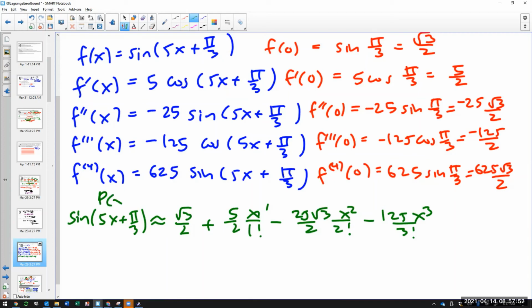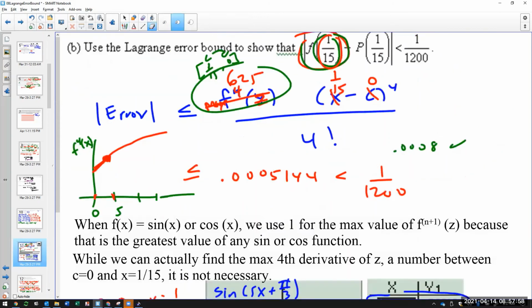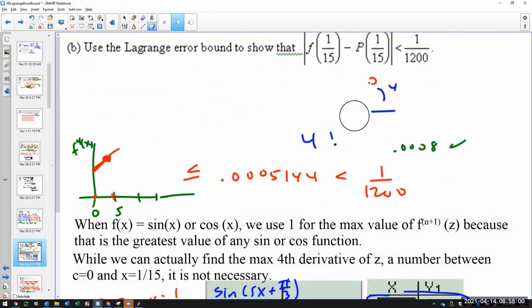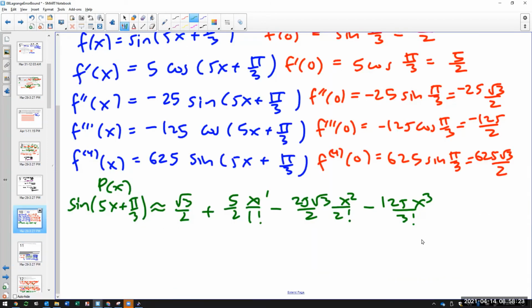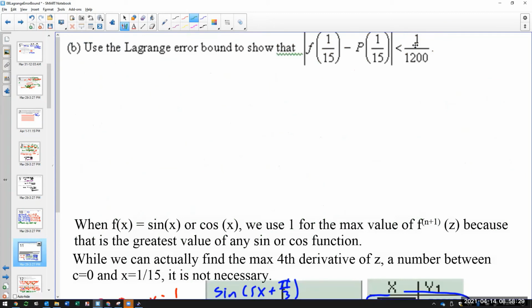It's fine. Okay. So then what they say next on this part is use the Lagrange error bound to show me that if I use these 4 terms, I would be wrong by no more than 1200.